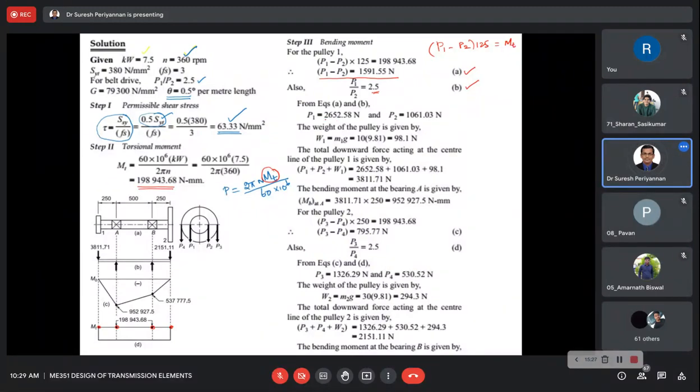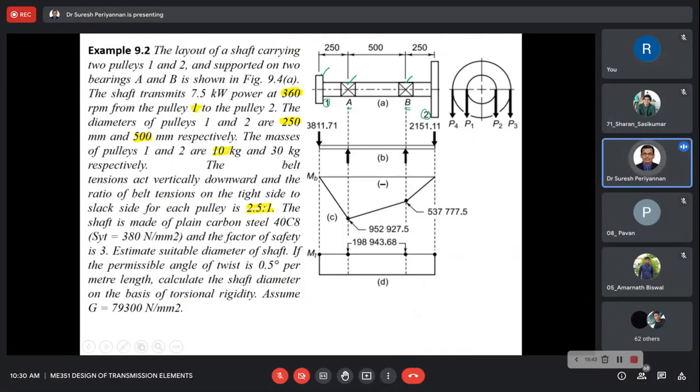Now in this problem we also have to consider the self weight of the pulley.